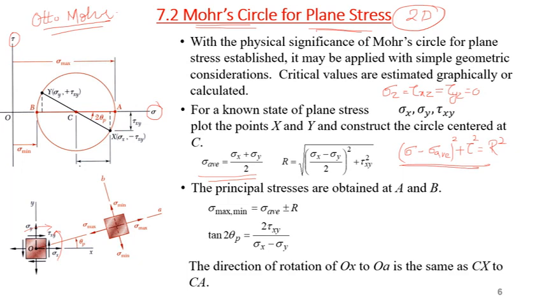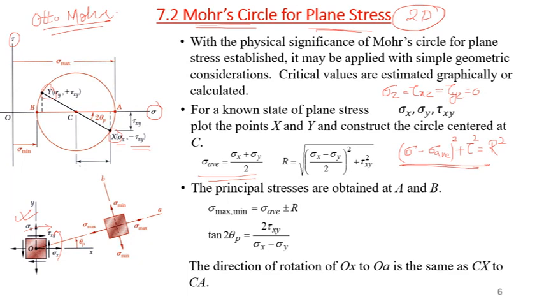Sigma x we will take positive, and tau xy we will take negative for the counterclockwise case. For sigma y, tau xy is rotating clockwise, so we will take it positive, and sigma y is again positive. So these x and y points represent the state of stress as shown here.